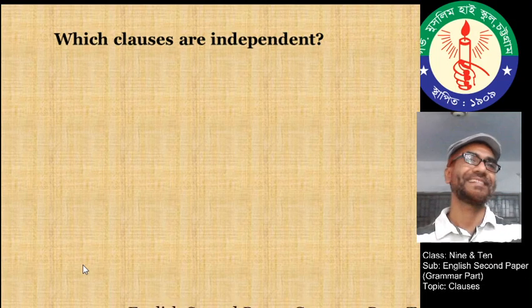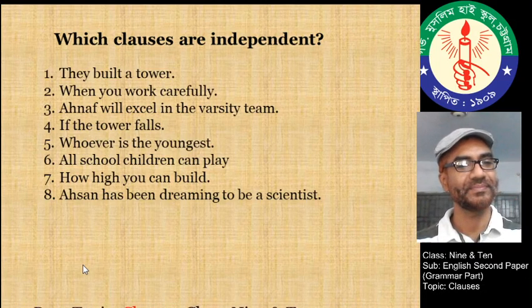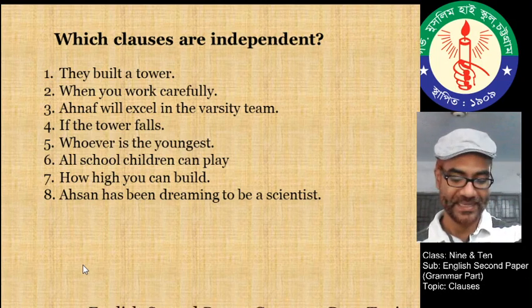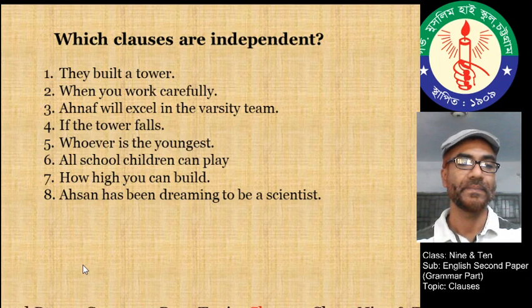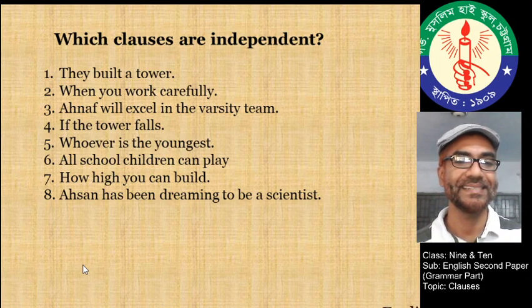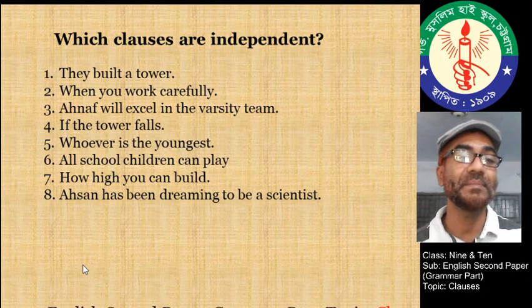Now here's a quiz for you. Which clauses are independent? There is a list of sentences, and you have to find out which clauses are independent. I'm going to give you 1 minute. Okay, I'm reading it out to you. They built a tower.